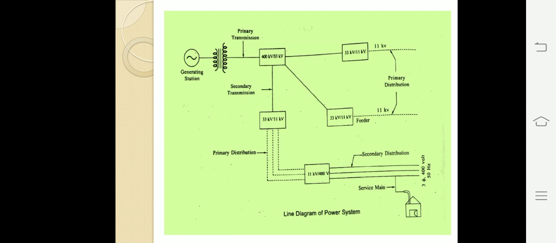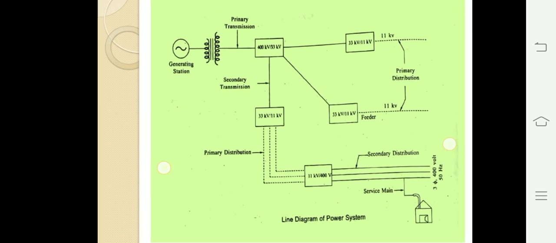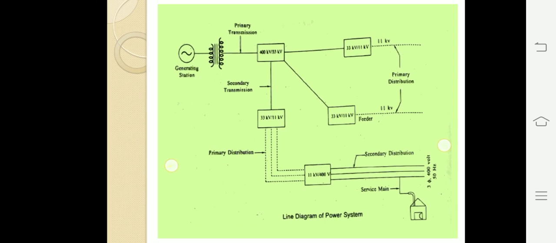Here is the line diagram of the total system, that is primary distribution and secondary distribution. Check out the diagram, primary transmission is also there. Here the generating station is there, the step down transformer is there, and primary transmission is 400 kilovolts to 33 kilovolts.